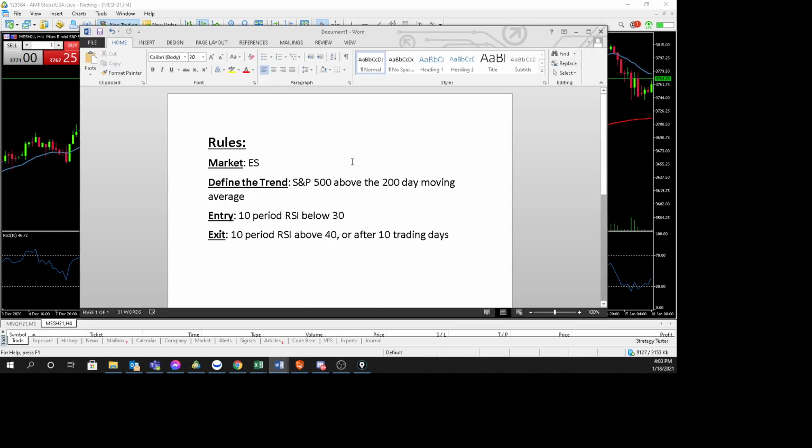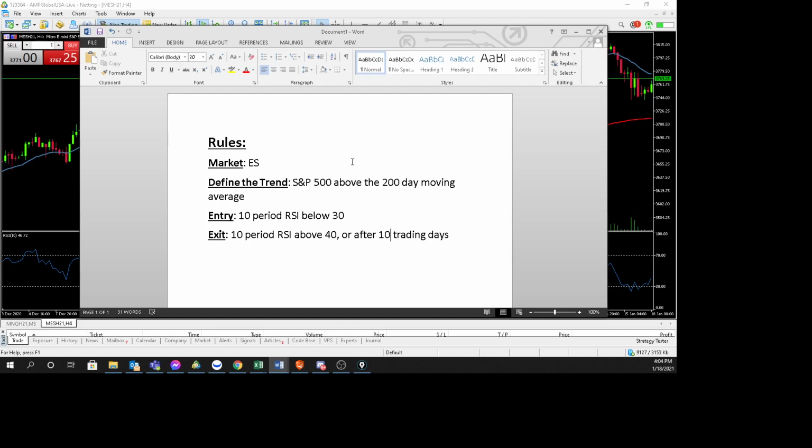First of all, the rules are markets, and this is important because this is the only one that I've seen this strategy on. It's not that it won't work in other markets, but one that I think moves in an upward trajectory, right?